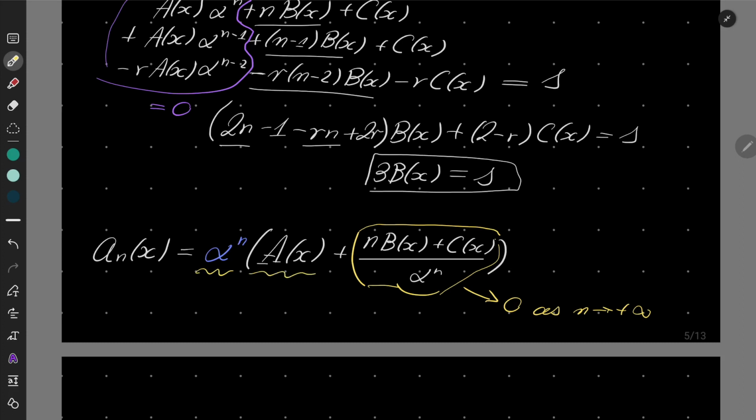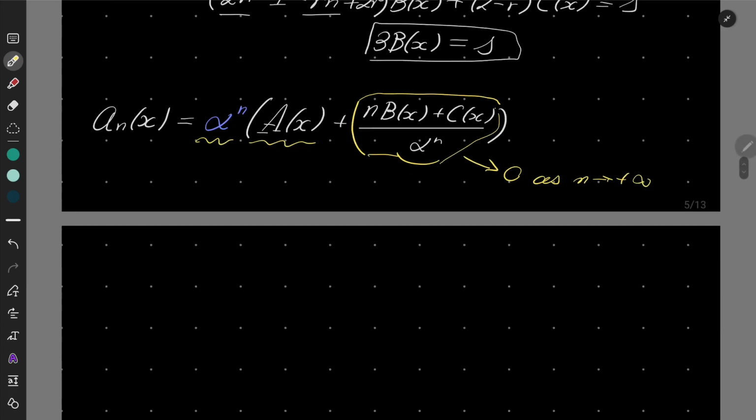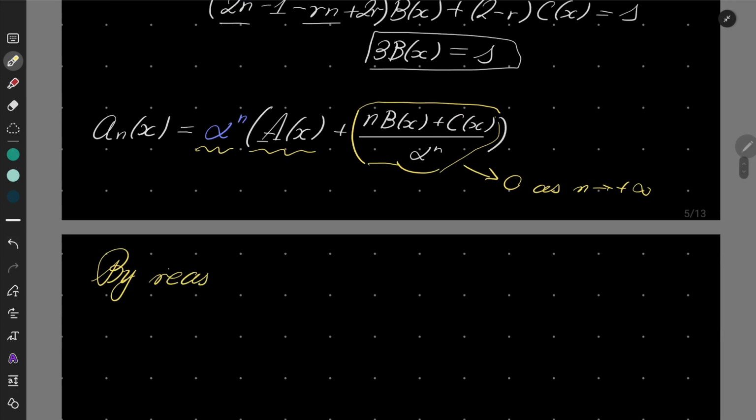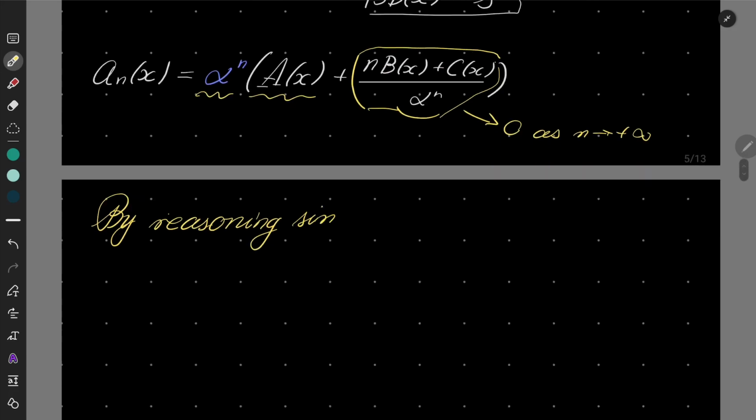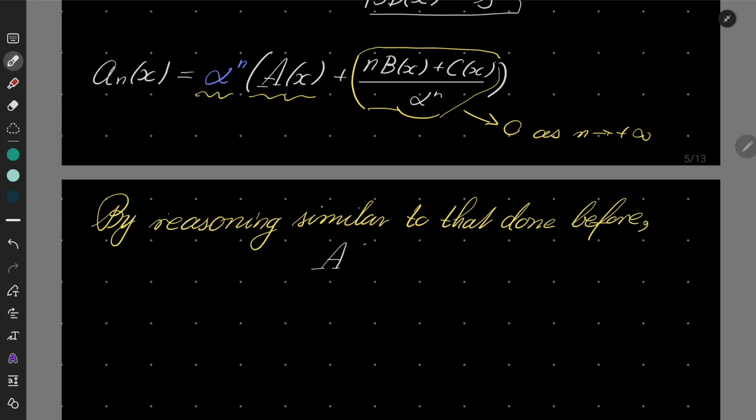If this part were to be non-zero, we would have at some point a negative value in our sequence, which is impossible. So by reasoning similar to that done before, we have a(x) must be equal to 0.